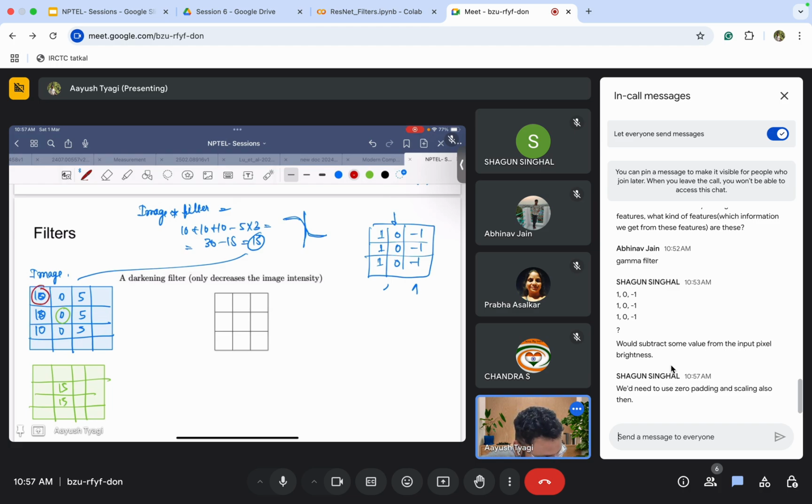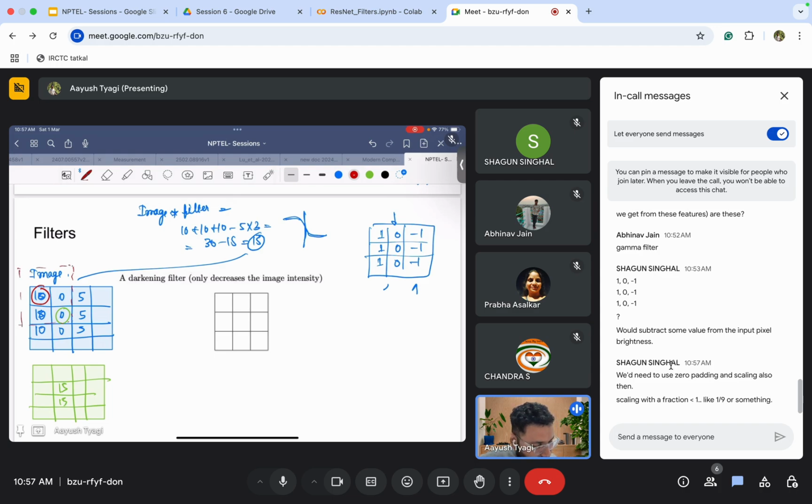If you put your CNN-based filter here, everything outside is 0, right? So 1 1 1 here, 0 0 0 here, minus 1 minus 1 minus 1 here. So actually even with zero padding this becomes 0. So I think this might not work, right?